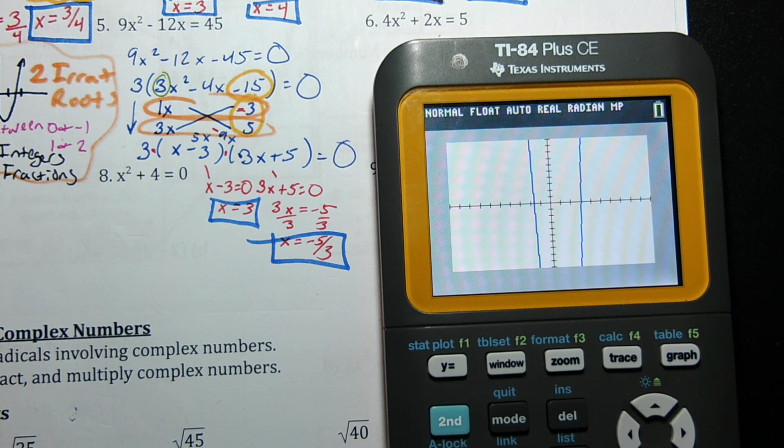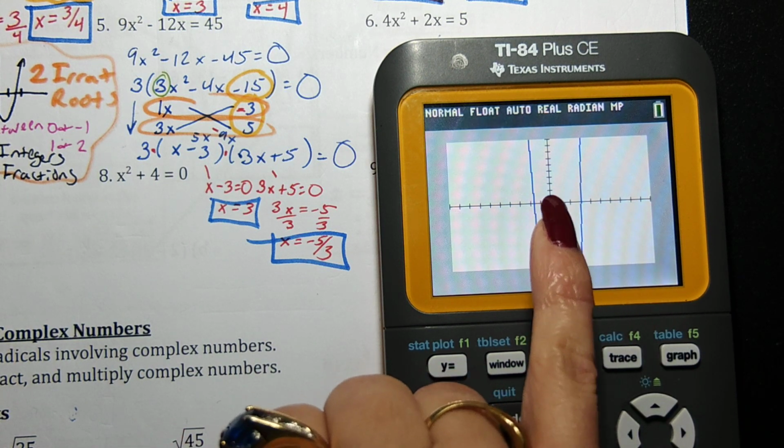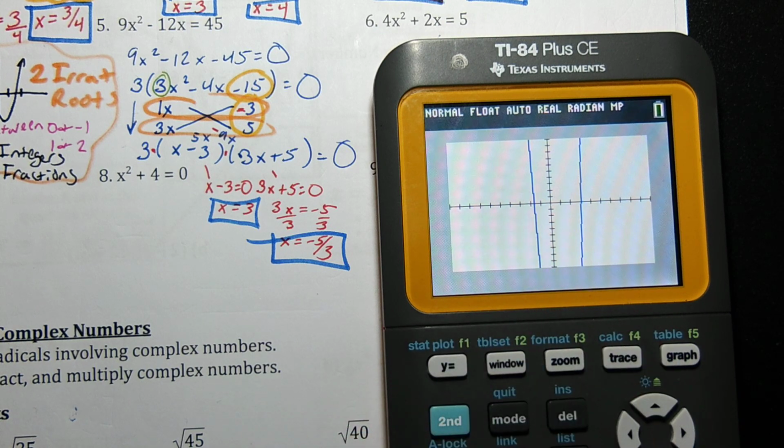So I can see the roots, though solving by graphing, I wouldn't be able to find that negative 5/3 exactly. I'd just be like, well, it's somewhere between negative 1 and negative 2.